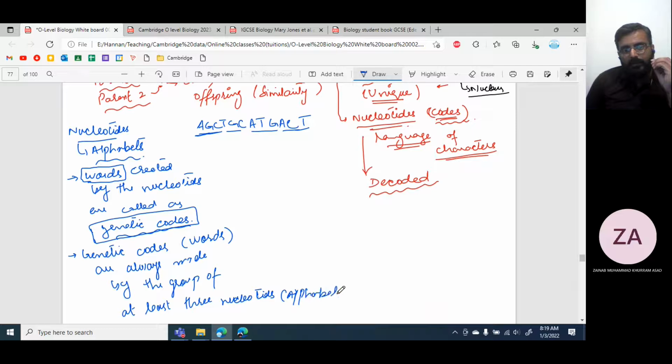For example, let's take another example. We have almost 26 alphabets in English. So we often say that if we want to create a word, then there must be a combination of two alphabets. For example, if I want to write two, then there must be two alphabets. This is no word, this is no word, but this is a word, a meaningful combination.